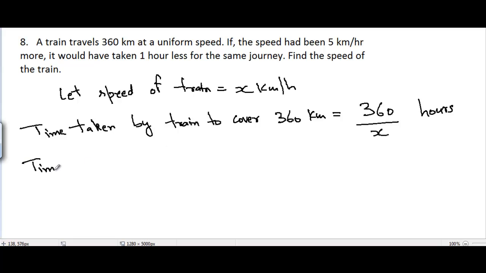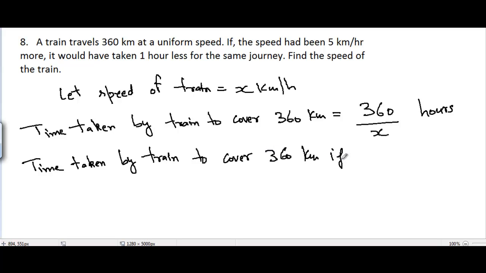We can also find the time taken by the train to cover 360 kilometers if the speed is 5 km per hour more.